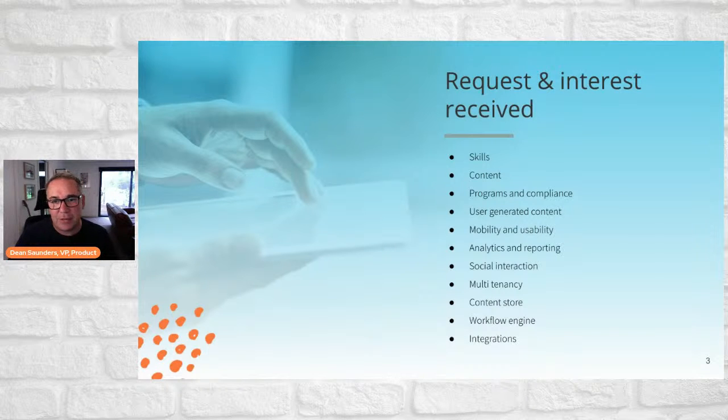Analytics and reporting. So a lot of customers have said to us, we really want to put some focus on analytics and reporting. And this has happened a lot in the K-12 space, the higher ed space, and indeed the corporate space as well too. So one of those things that people are asking for a lot of improvement on is student improvement. So how do we track a student perhaps who's getting a D for a certain piece of content or a grade for a certain piece of content?